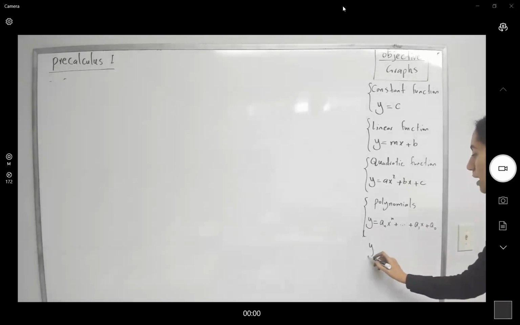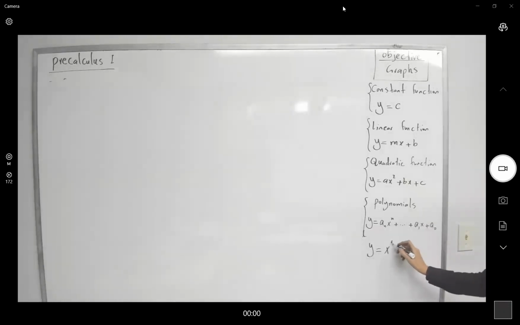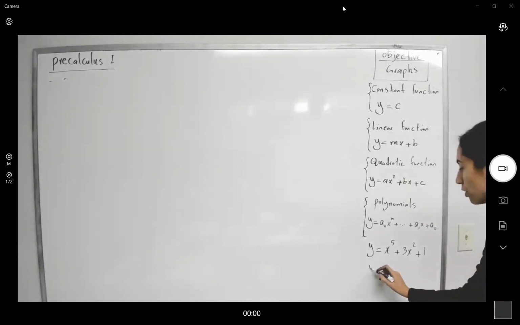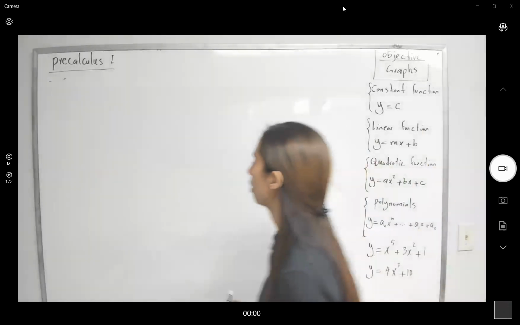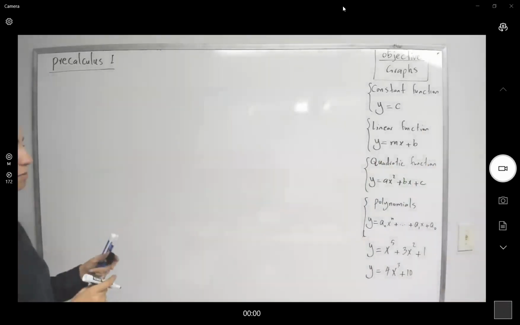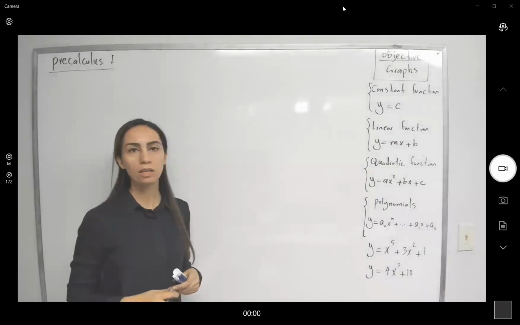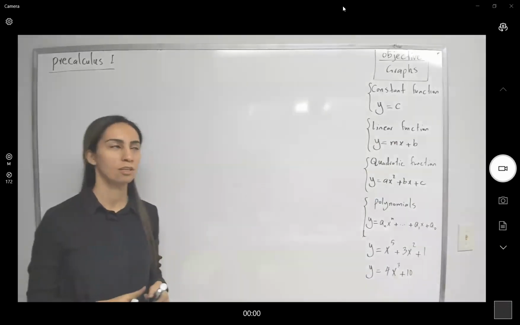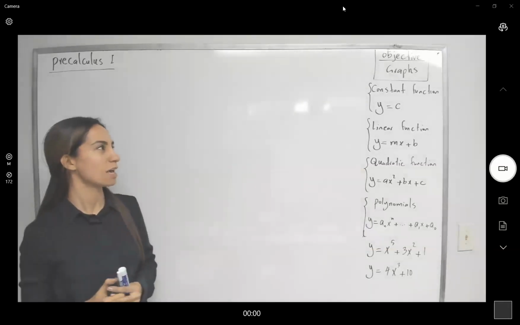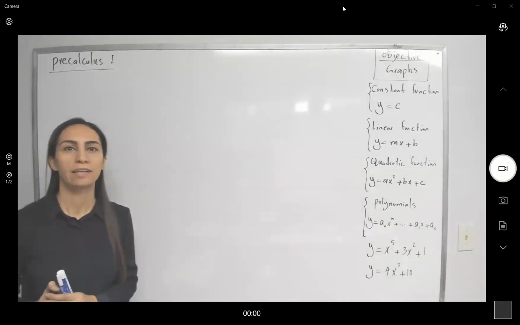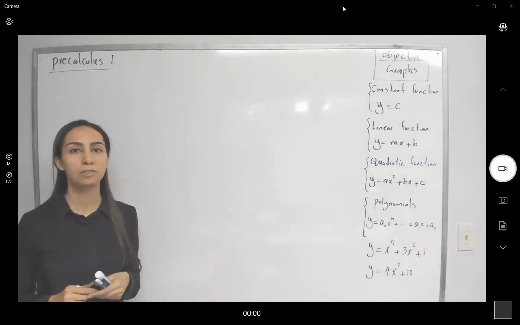For example, you have y equals x to the fifth plus 3x squared plus 1, or y equals 4x cubed plus 10. These are examples of polynomials. Well, these are nice functions. We are not really worried about these. These have domain and range well defined.